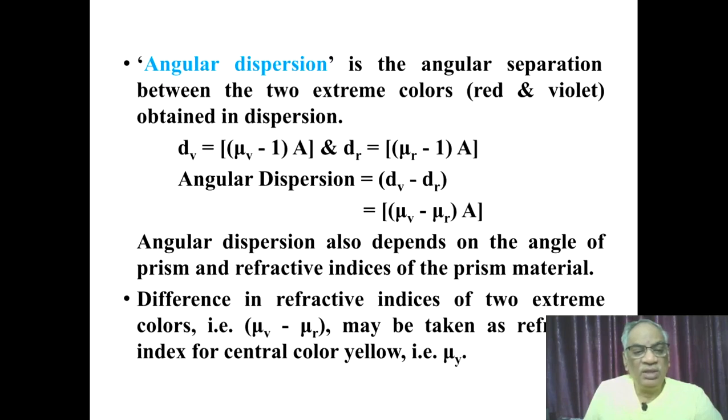So angular dispersion is the difference between these two angles, dV minus dr, that is equal to (mu v minus mu r) into A. So the angular dispersion also depends on the angle of the prism and the refractive indices of the prism material. The difference in refractive indices of the two extreme colors, mu v minus mu r, may be taken with the refractive index of the mean yellow color.